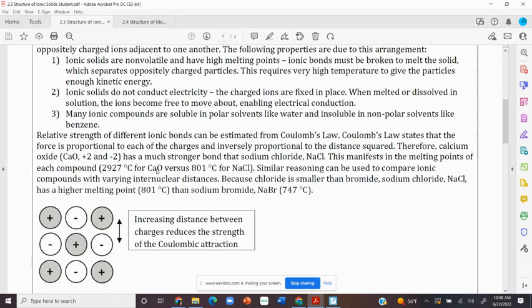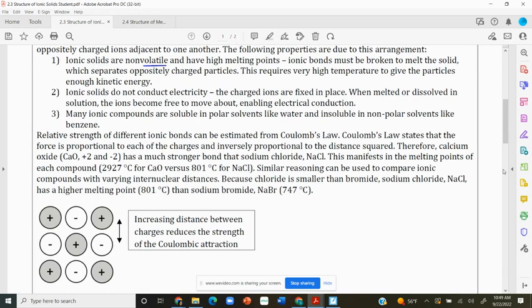So ionic solids are non-volatile. What does that mean? Volatility, if something's volatile. Do we remember back to our IMF discussions last spring? Okay.